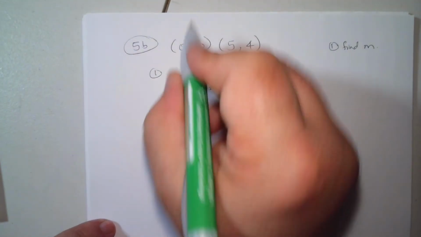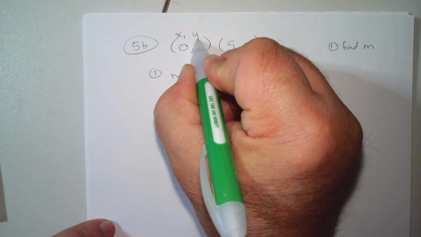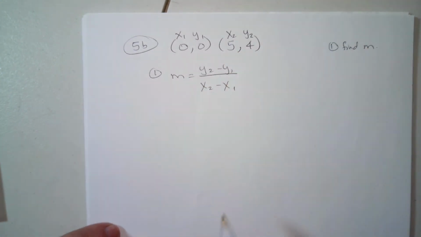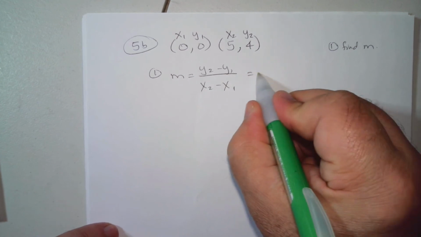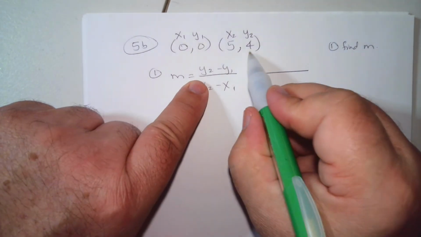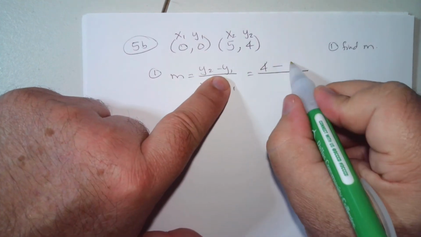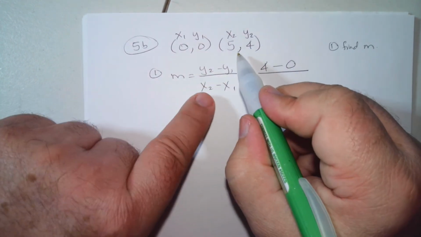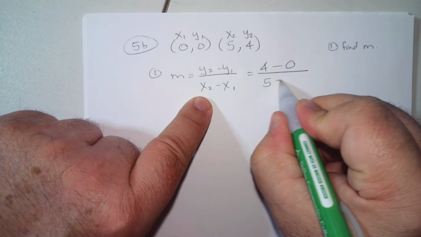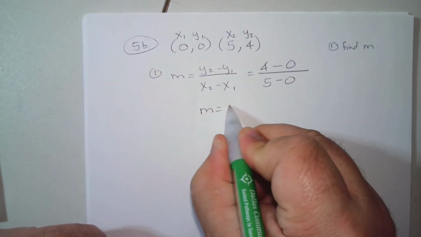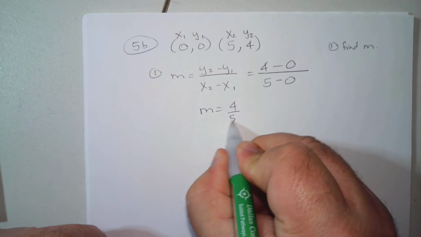Again, this is your first point, so that's x1, y1. This is the second point, x2, y2. y2 is 4, y1 is 0. x2 is 5, x1 is 0. So my slope is 4 over 5.